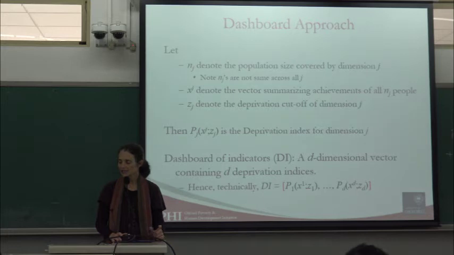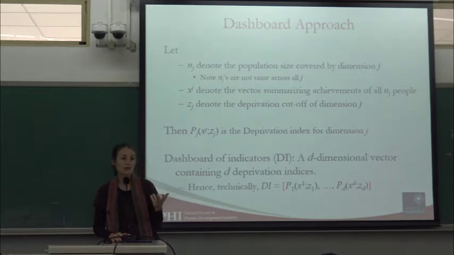And zj is the deprivation cutoff. What does it mean for a child to be malnourished? It's usually that their z-score is 2 standard deviations away from the mean of the reference population. What does it mean for a child to be out of school? It means that either their attendance or their enrollment is categorized as non-attending, non-enrolled. So you have to select the deprivation cutoff for each variable in a poverty dashboard.